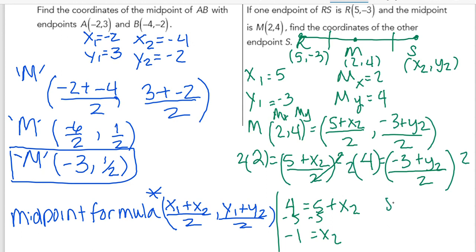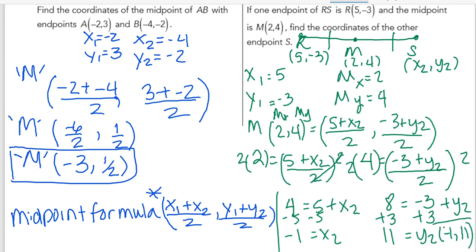So I get 8 equals -3 plus y2. I add 3 to both sides. y2 equals 11. So our points are that's going to be for S. All right, see you in class.